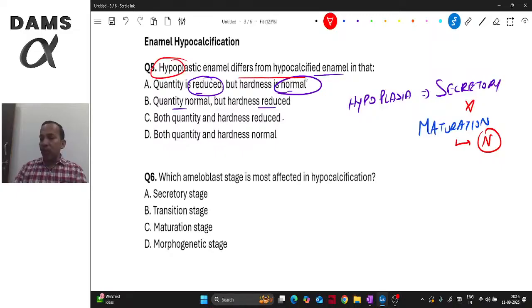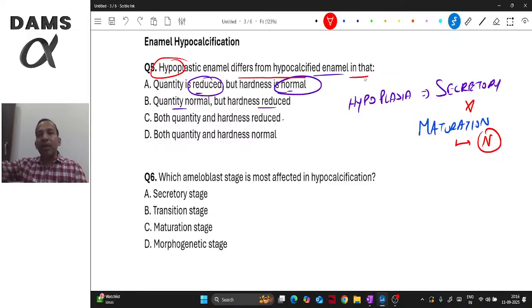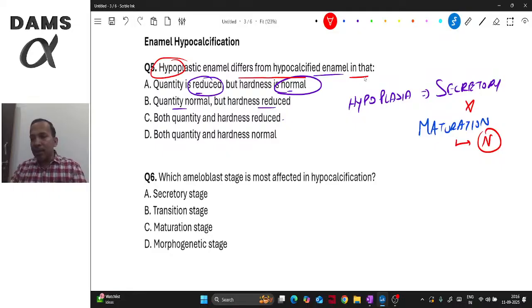Hypoplasia differs from hypocalcification in that, so we need to talk about hypoplasia, not hypocalcification, right? We need to find a point that differentiates hypoplasia from hypocalcification. Is it clear? Sometimes questions like this confuse us, right?